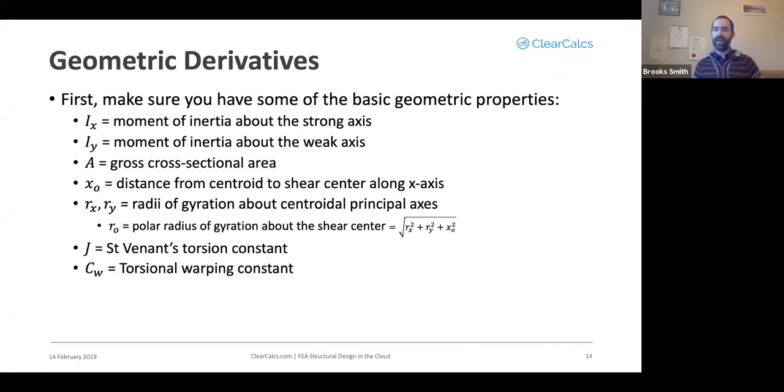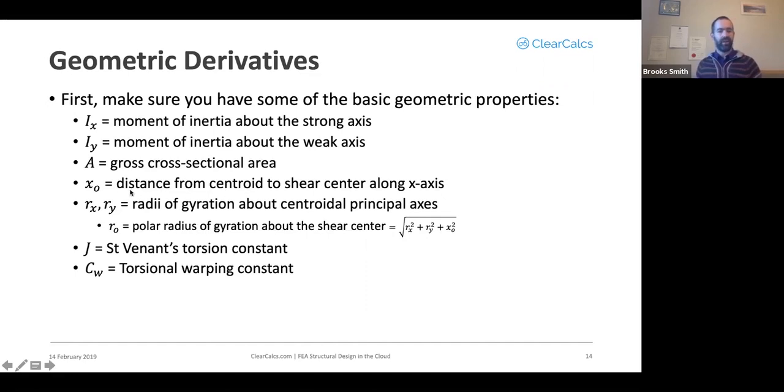Before you can really start any of these calculations, you need to make sure you have a number of your geometric values. If you're using a standard section, these will all be given by your manufacturer. If you're using a platform such as ClearCalcs, this will likely already be in the database for any section that you want. But you need your moments of inertia, your gross cross-sectional area. The location of the shear center is very important in cold form.